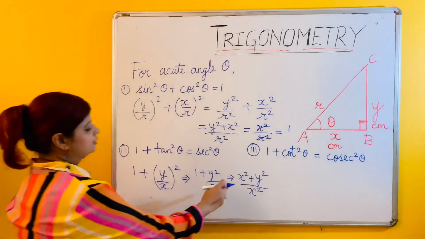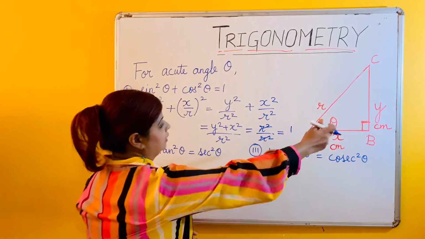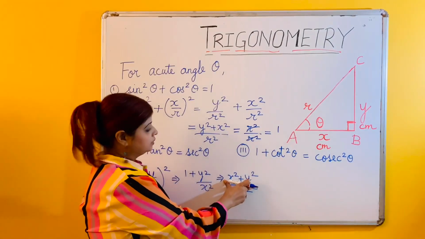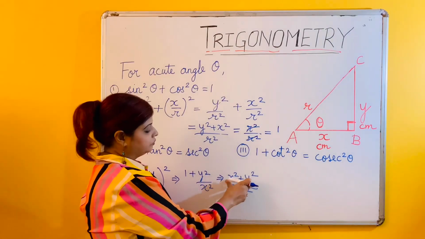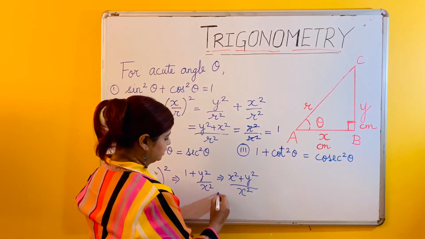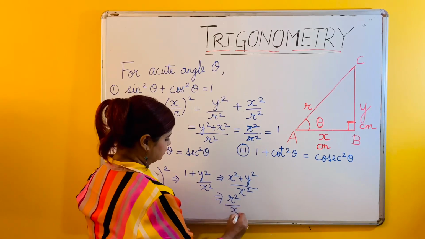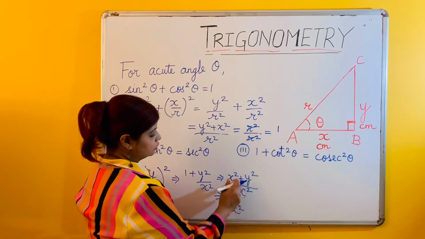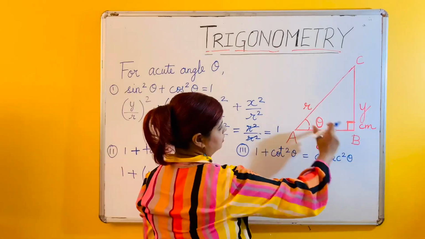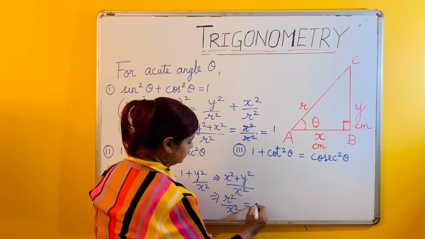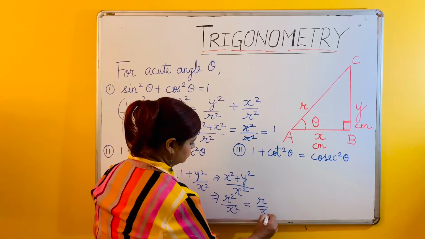Now what is x square plus y square? It is nothing but r square, again using Pythagoras theorem. So this can be written as r square by x square, which equals r by x whole square.